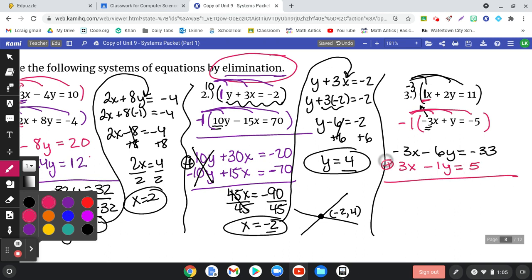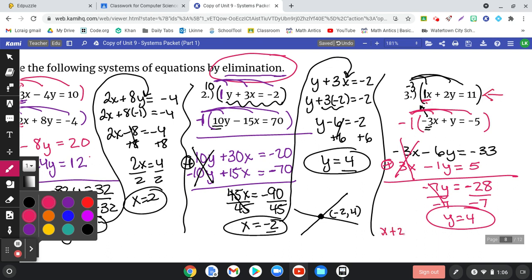Go ahead and add those two equations together, and when we do, -3x and 3x, x's are eliminated. So we have -7y equals -28. Divide both sides by -7. Y equals +4. And then pick one of the equations to substitute in. I'm going to choose the top one.